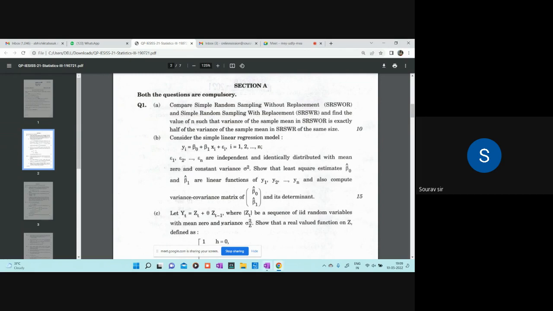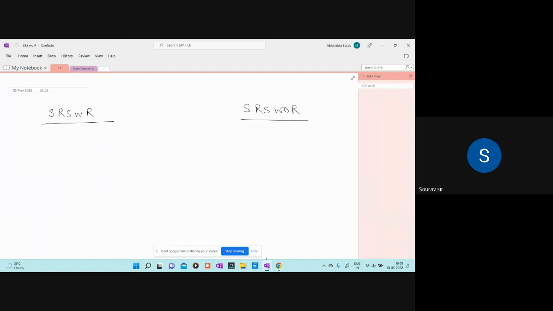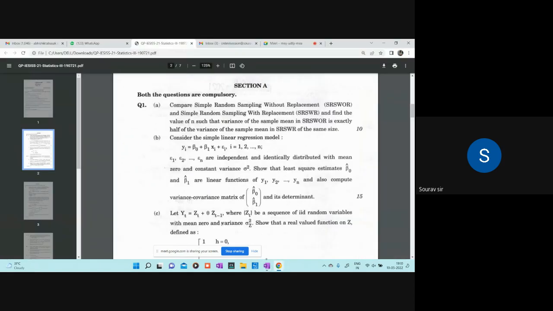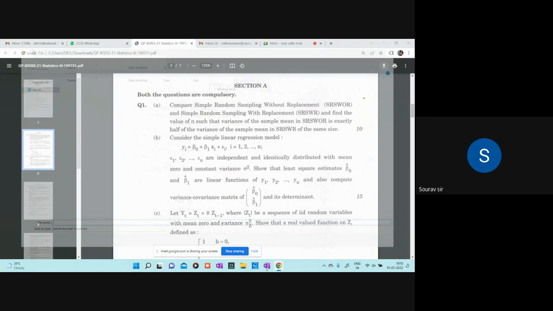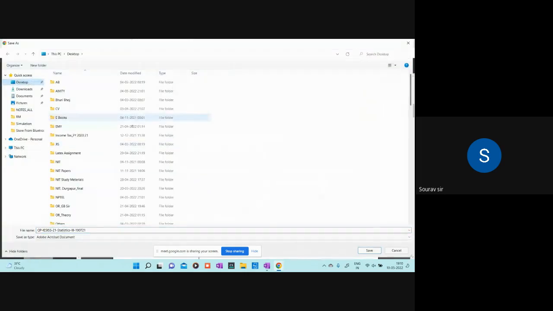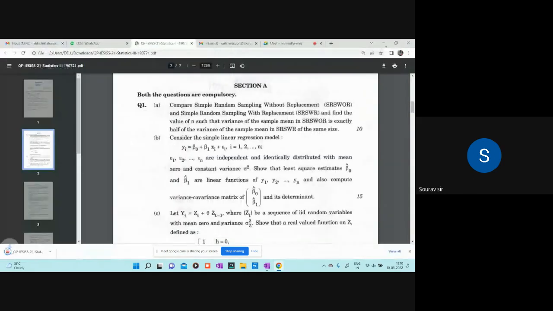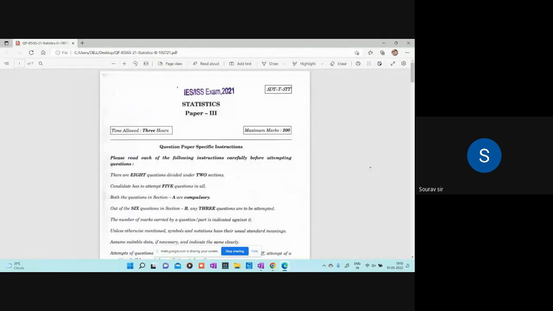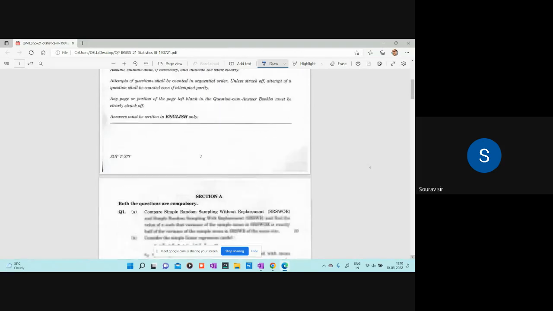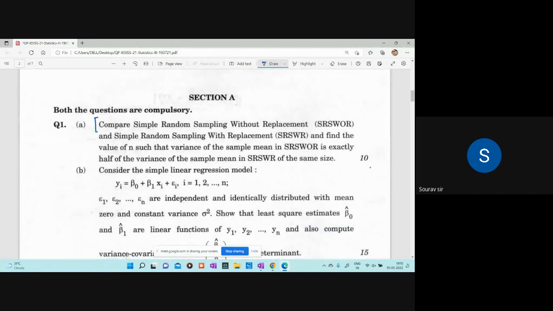For this question, if you can see the question, there is a small portion over here which says to compare the simple random sampling without replacement and with replacement.